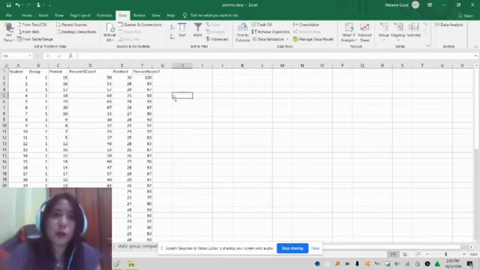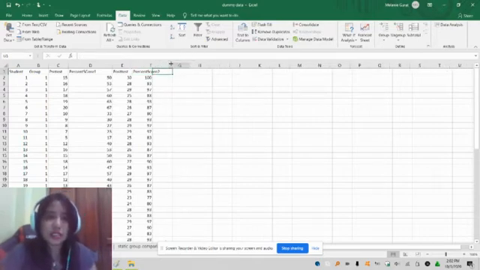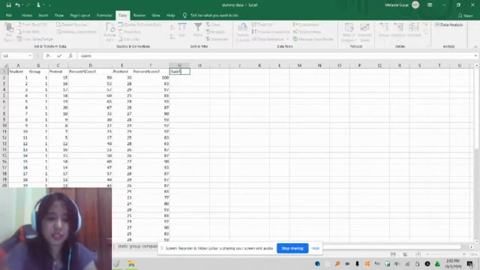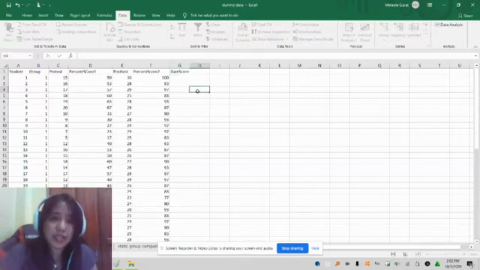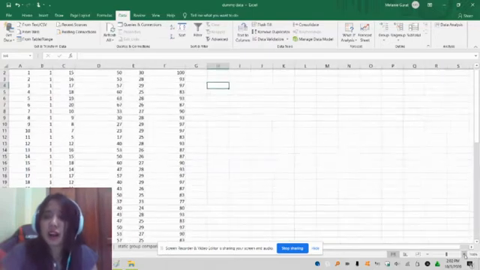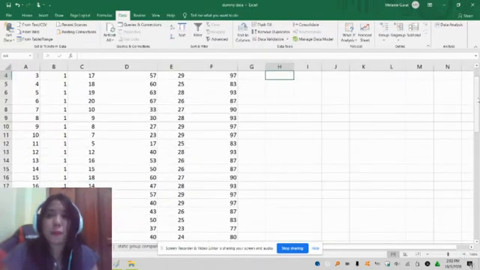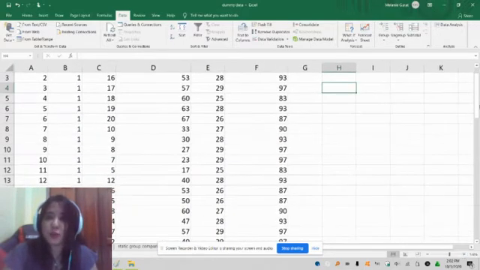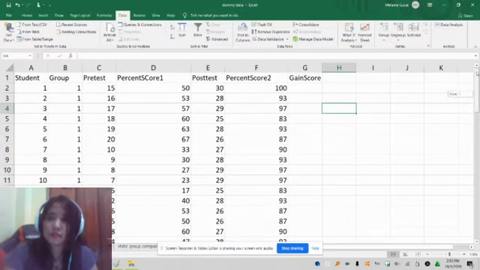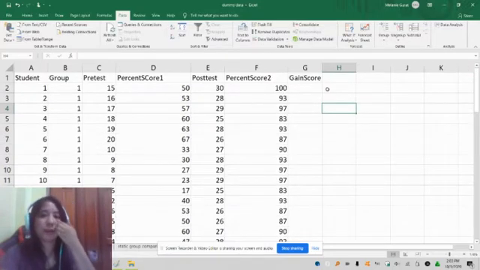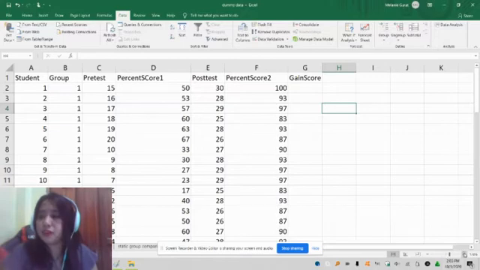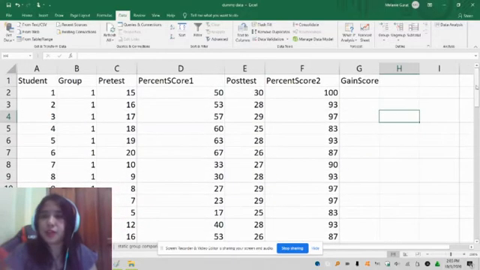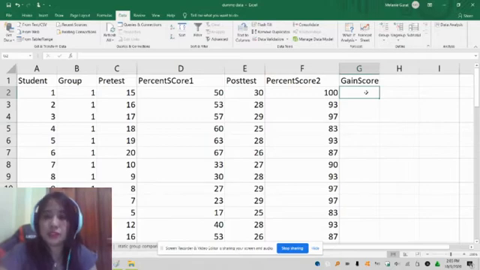So how to compute for the gain? Let us compute here the gain score. In this video, we're going to consider the actual data. For the actual data, we will subtract the pre-test from the post-test. So how to do that? Let's make our Microsoft Excel clear. Let's zoom it.